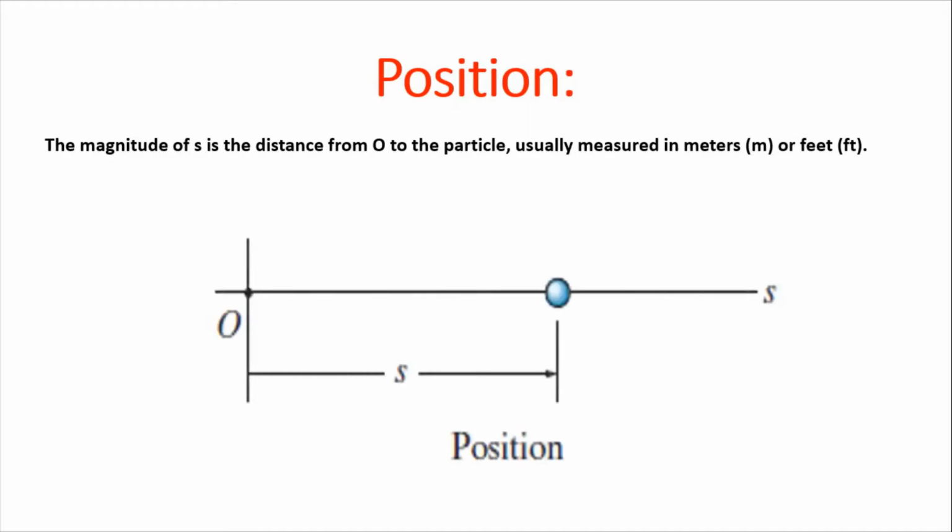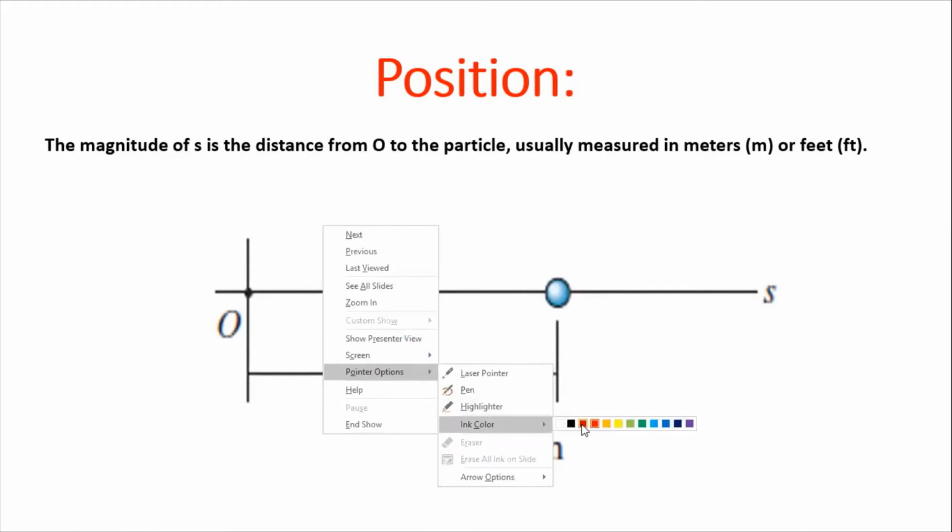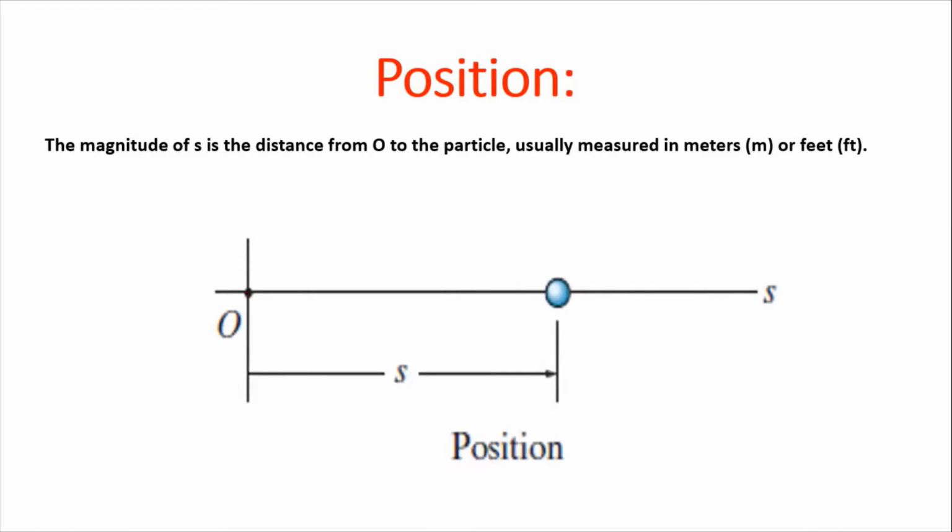If you look at this diagram, you can see a particle that has moved from point O to this extent. We represent position with s, and you can also represent it with d. If it has direction, which it obviously does, we can represent it with r.